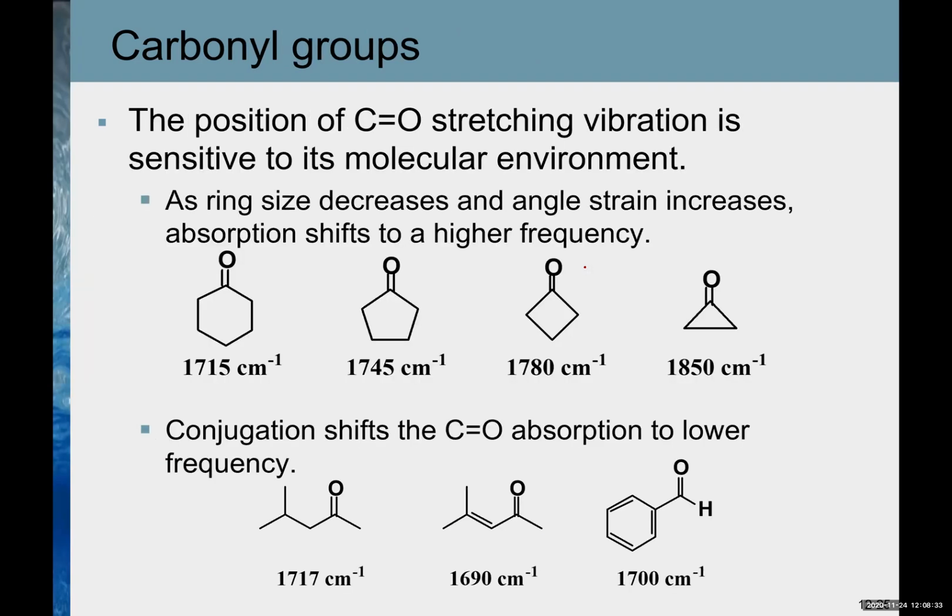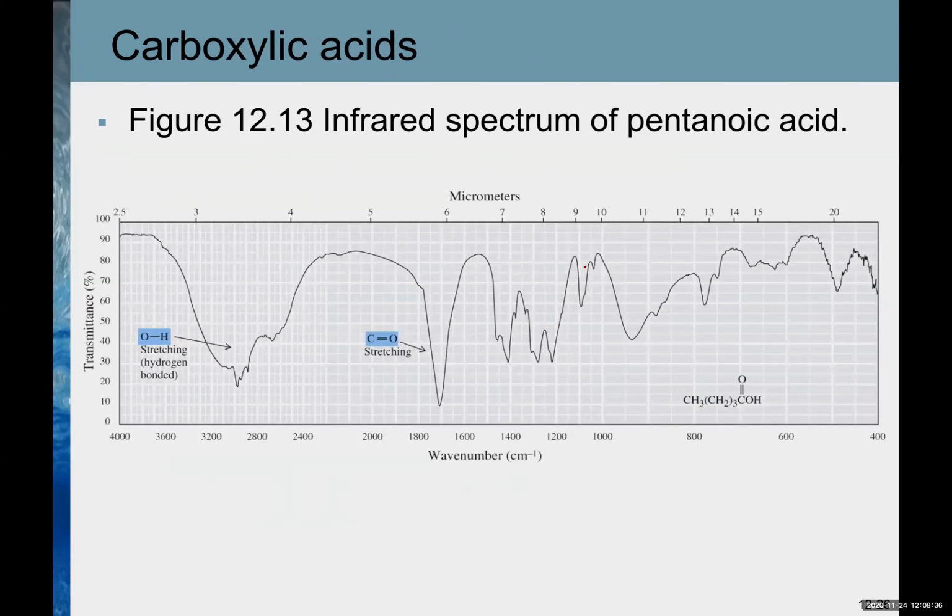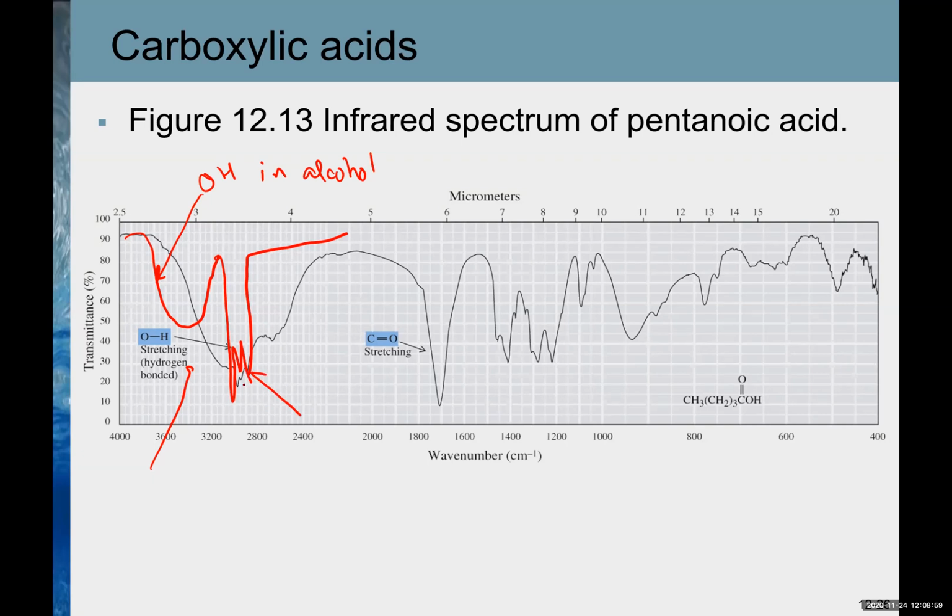Carboxylic acids. In carboxylic acids, the OH, see in alcohol, the OH was like that. And then at 2800, we have this one, right? So this one was OH in alcohol. And these ones at 2,800, what were these in alcohols? CH, right?